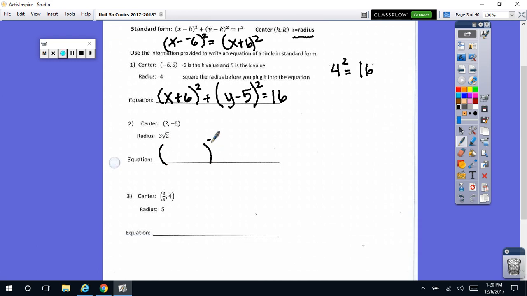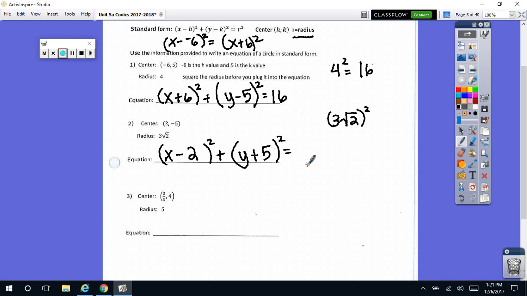My center. Okay, I have +2, so when I plug it in, it becomes -2. Positive or -5, when I plug it in, it becomes +5. Radius in this case, I have 3 square roots of 2, and I want to square that before I put it right here.